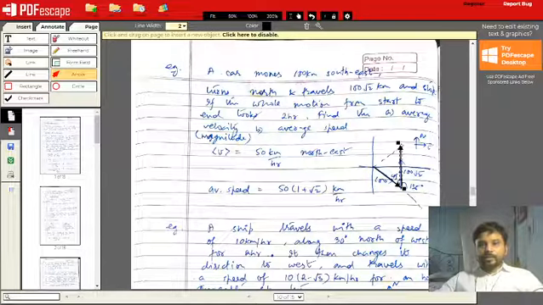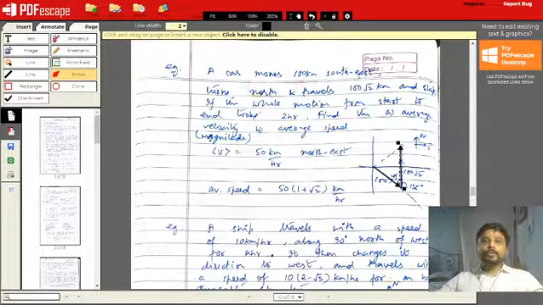So eventually, to calculate the average velocity, we have to find the overall displacement, that is this particular vector. So we can do analytical addition of these two vectors to find how much this distance is, and then proceed from there.